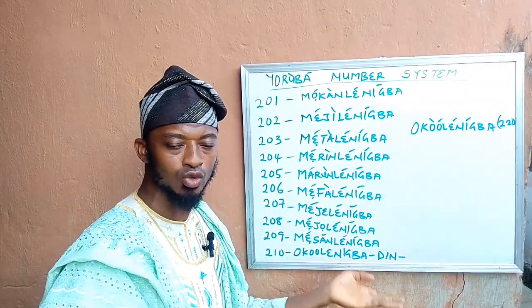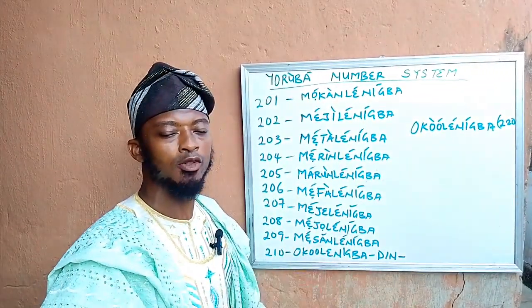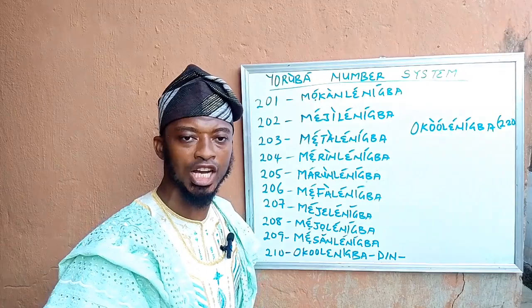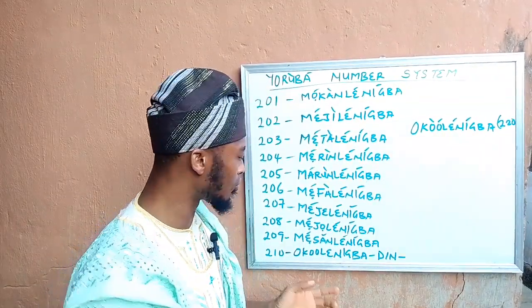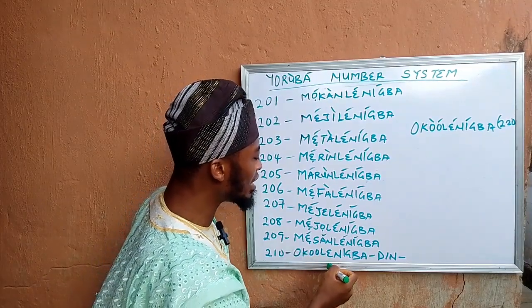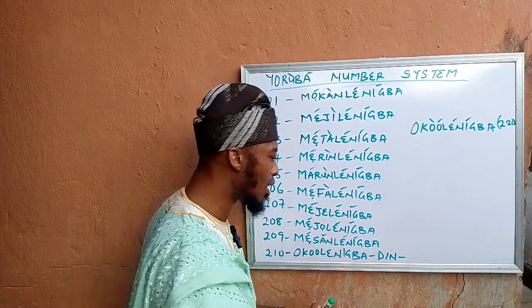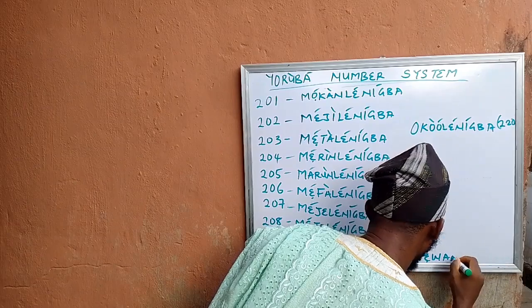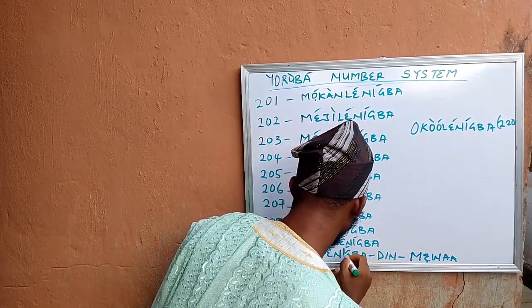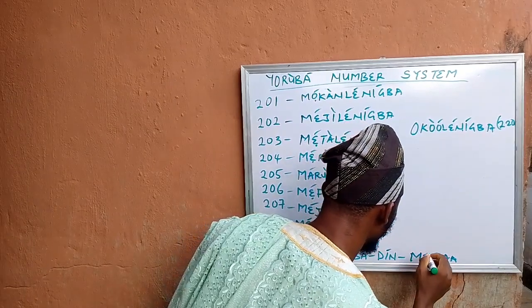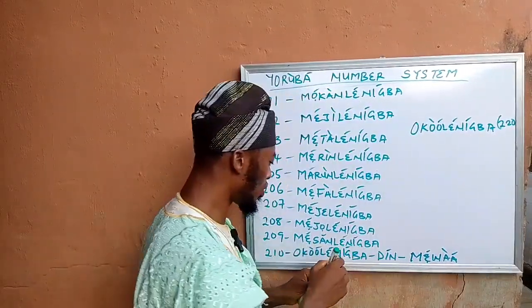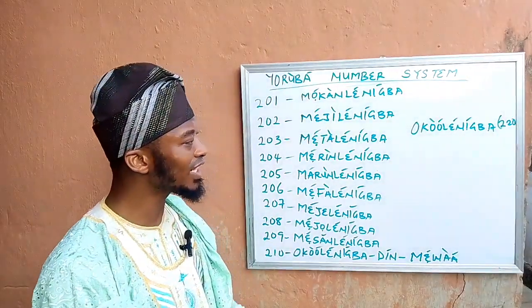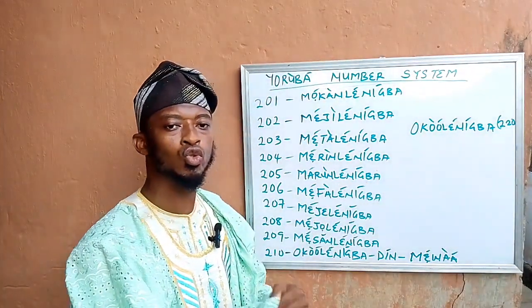I don't need to trace more on that, to save time. If you have been following this series, it becomes easy. Like I said, if this is the first time you're coming across this topic, go to the channel and locate the playlist on the Yoruba number system. So we say okòólénígba dín. What is 10? Mẹ́wàá. So 210 is okòólénígba dín mẹ́wàá. That is, we remove 10 from 220.